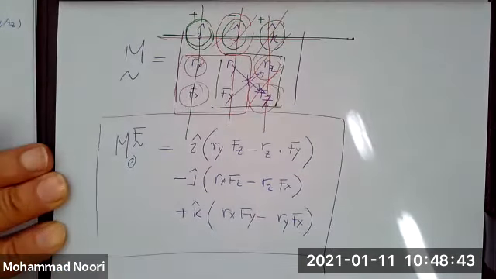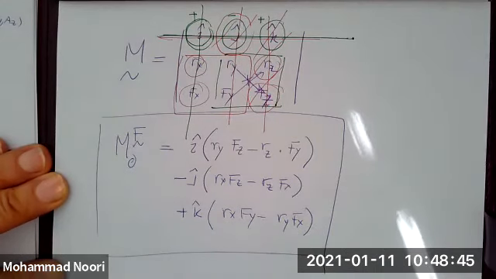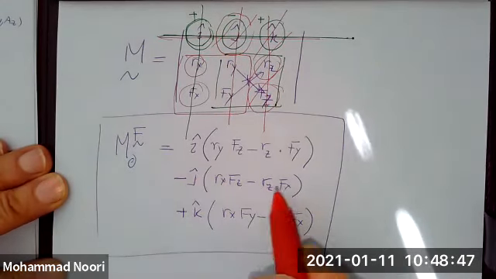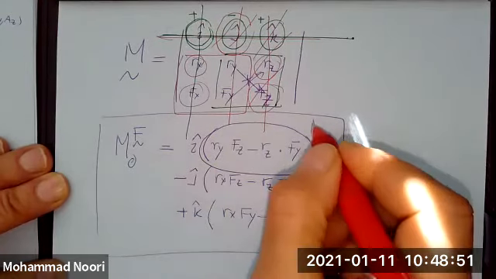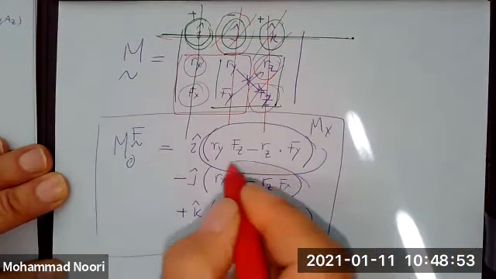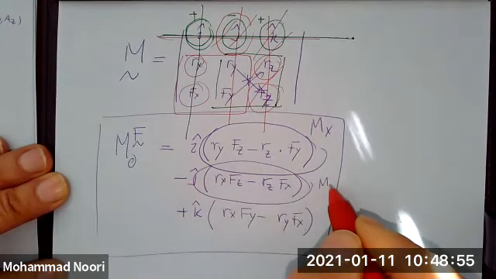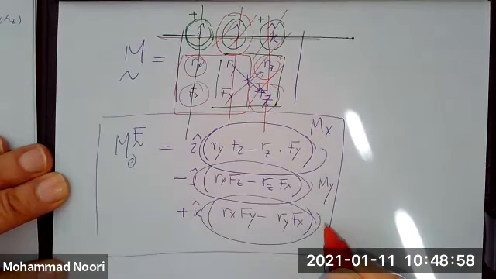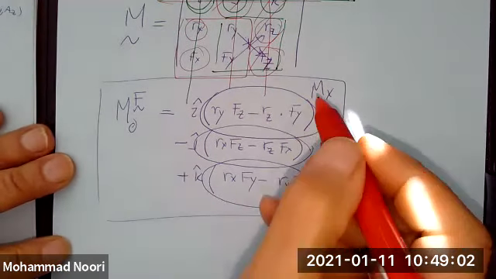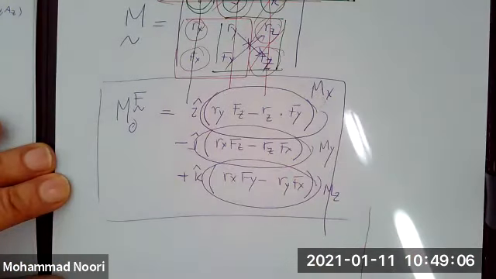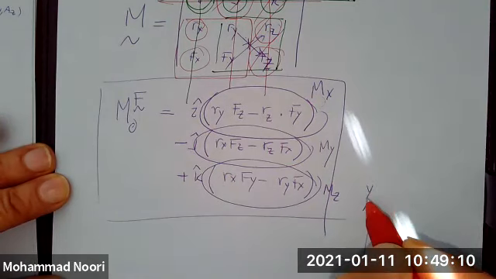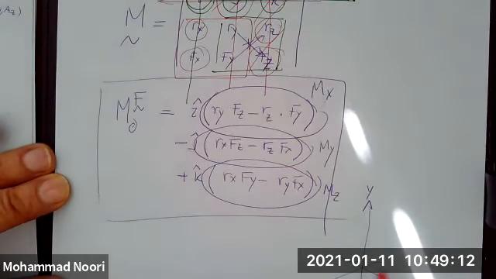As I said, the outcome of a vector product, which is this, is, as you can see, a vector. This is the x component of that vector, this is the y component, and this is the z component of that moment.